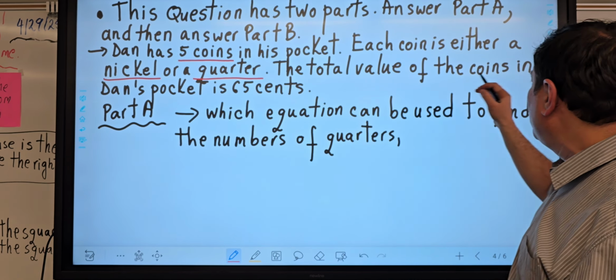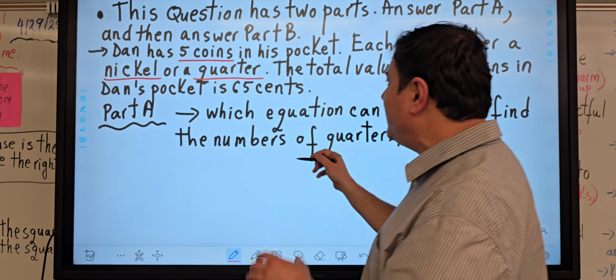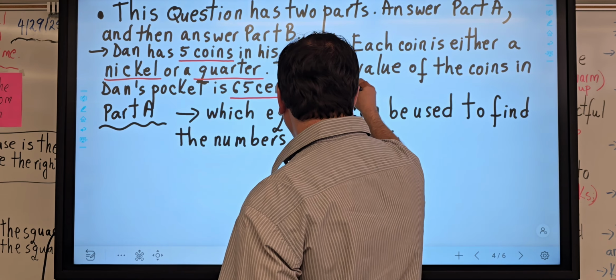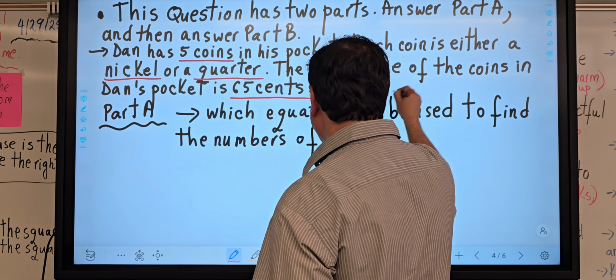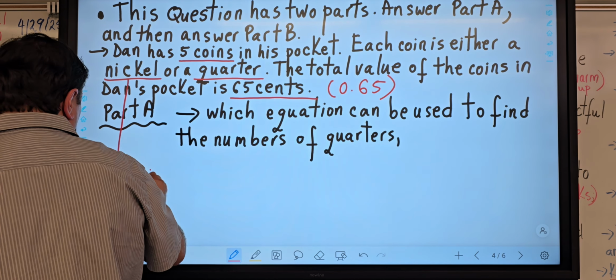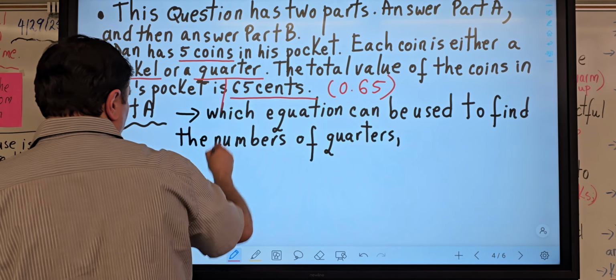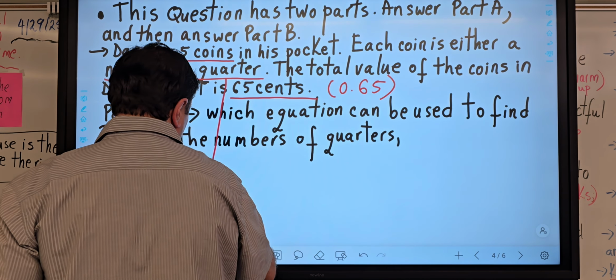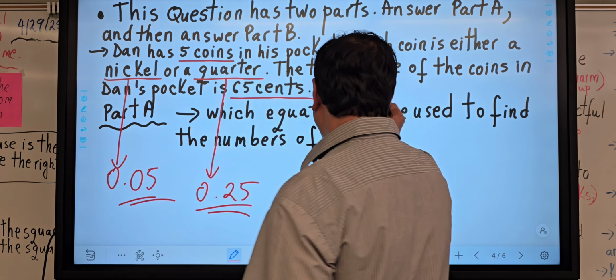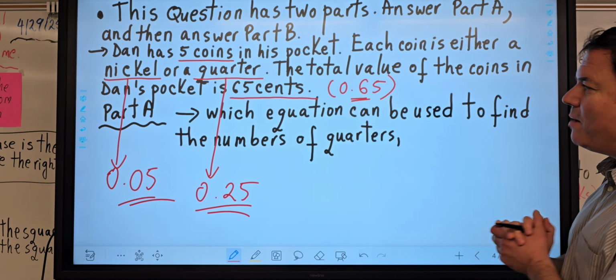The total value of all the coins in his pocket is 65 cents, or 0.65. Here the nickels are 0.05 and then the quarters are 0.25. Very important information we need to know right from the problem.